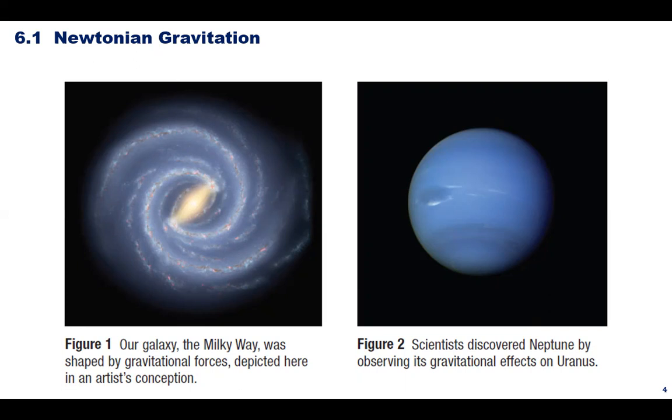Eventually, those repetitive and continuous gravitational effects formed and shaped our Milky Way galaxy, as shown here in Figure 1. The same process of gravitational attraction on different scales accounts for the overall structure of the entire universe, despite being the weakest of the four fundamental forces.